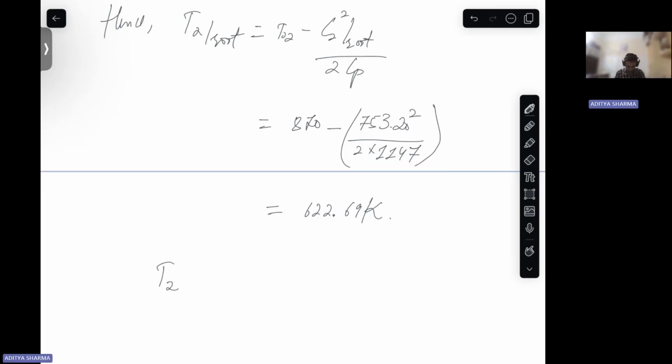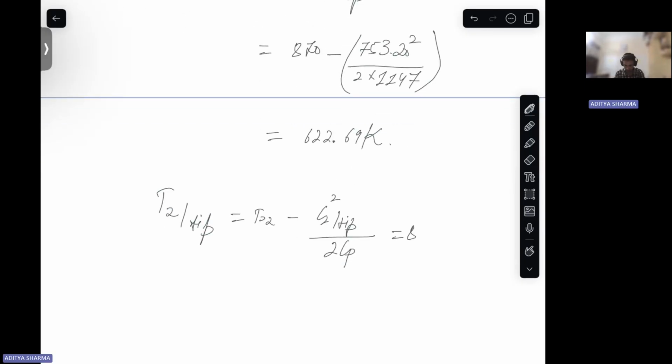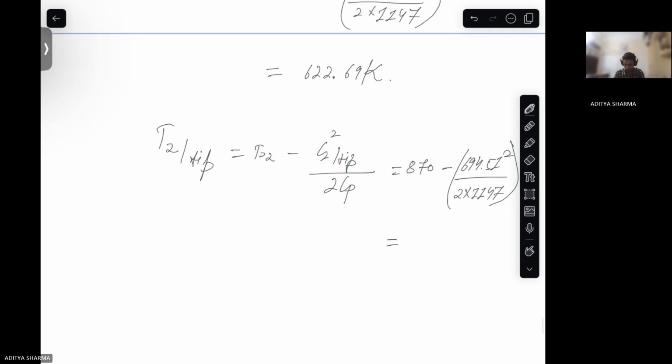Then T2 tip is T naught 2 minus C2 square tip divided by 2Cp. So this will come out to be 870 minus 694.51 square divided by 2 into 1147, which is 659.73 Kelvin.